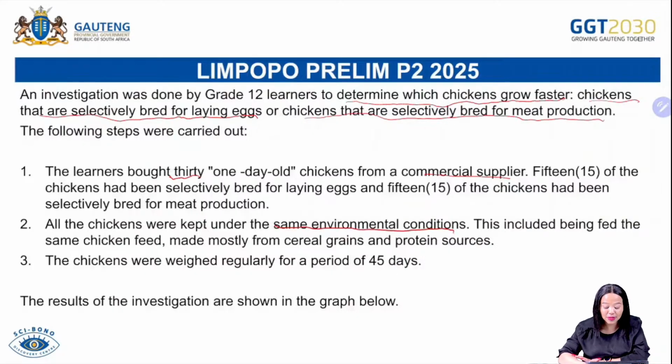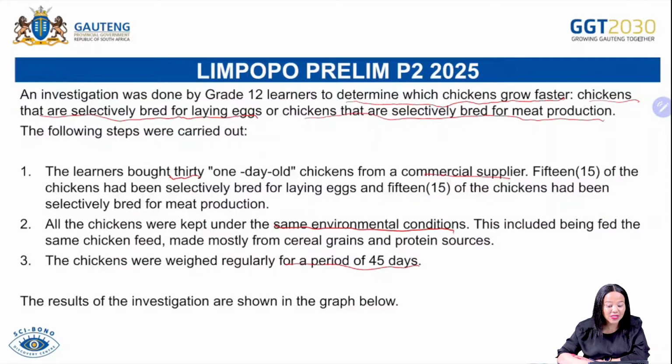Remember, we said the minute you say same, what does that say to you? The control variables. This included being fed the same chicken feed made mostly from cereal grains and protein source. Chickens were weighed regularly for a period of 45 days. The results of the investigation are shown in the graph.